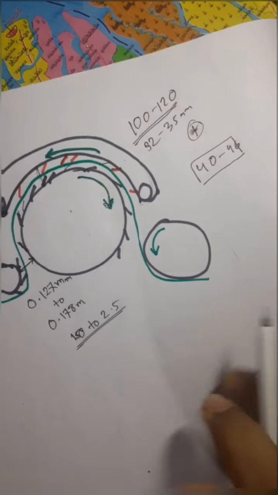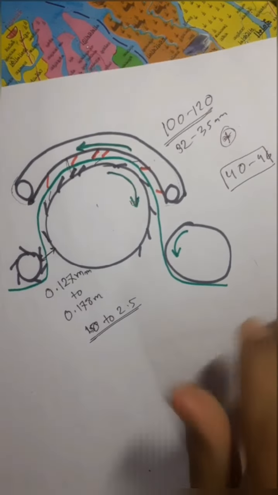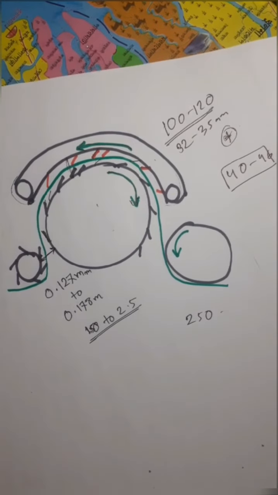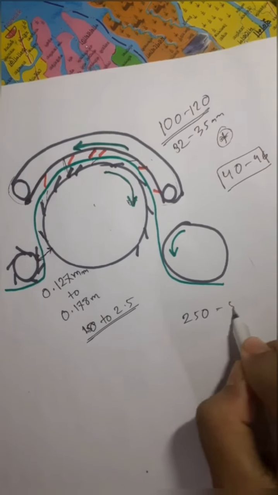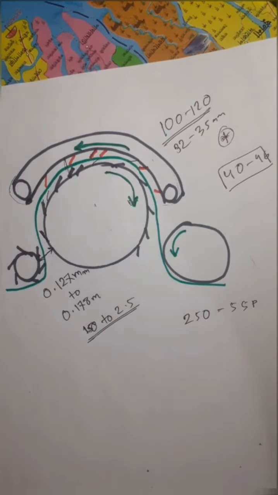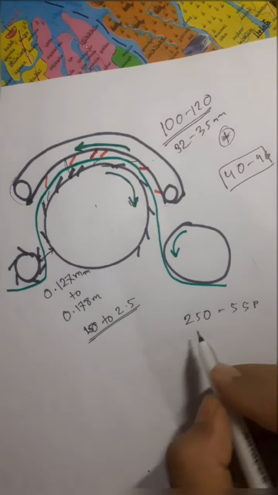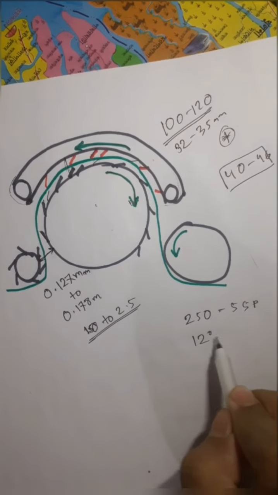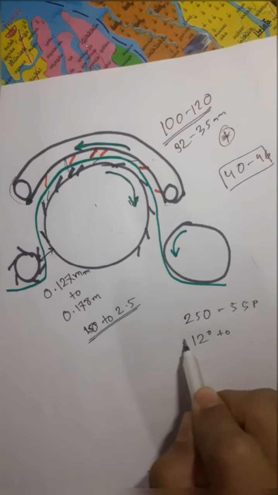The point density of wire is around 250 to 550 points per square inch, and the wire angle of cylinder is minus 12 degree to plus 12 degree.